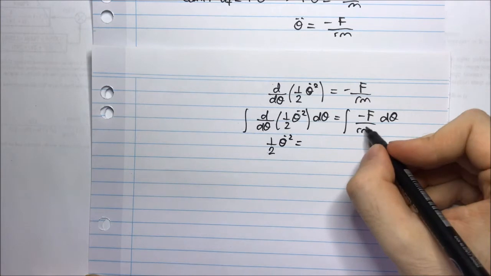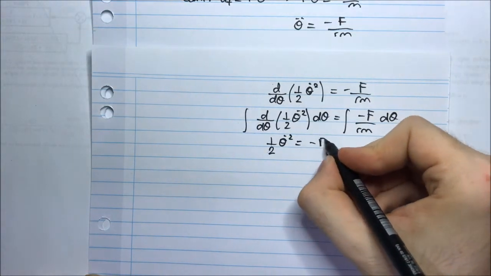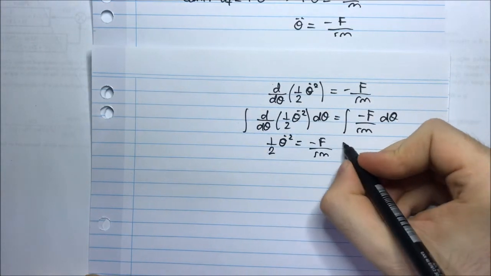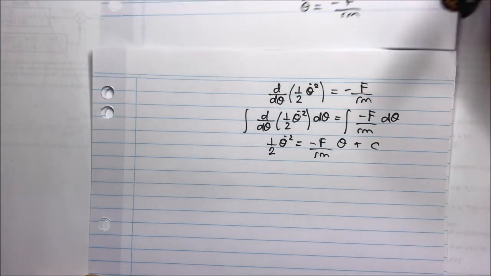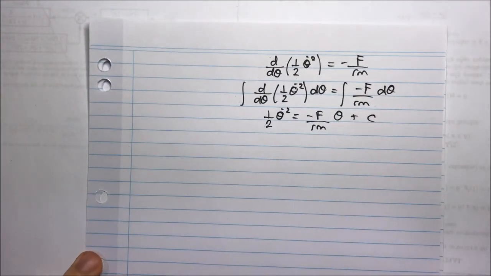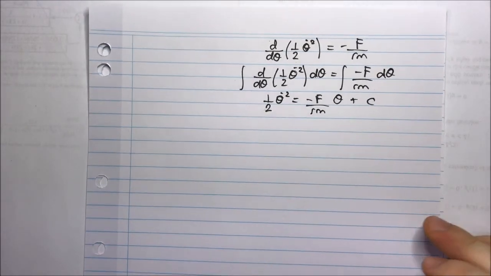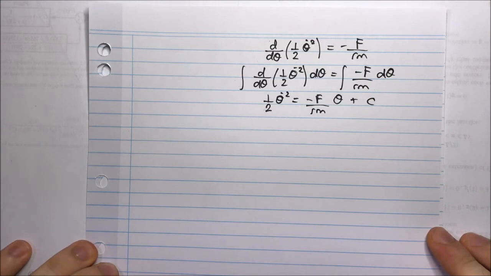And here, this is just a constant, so it's negative F on Rm times theta plus some integration constant c. I can move this out of the way now. Okay, so now I need to evaluate what the value of c is. And how can I do that? Well, let's have a look back at our diagram.